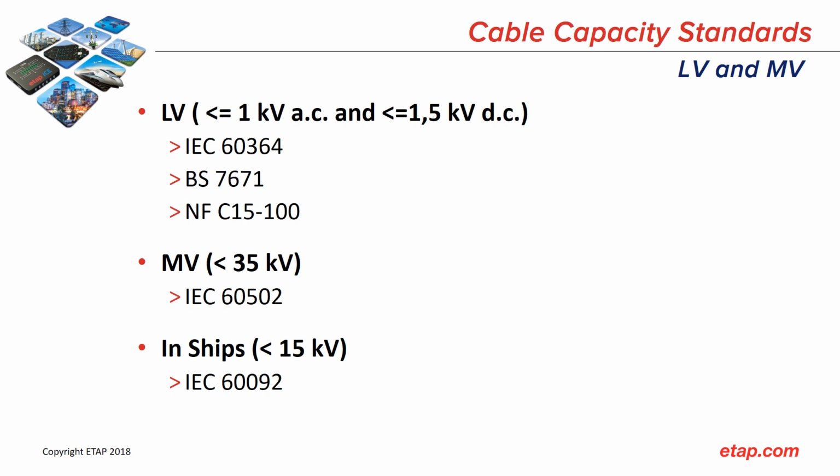IEC 60502 is a medium voltage standard, and it's applicable to installations with voltages less than 35 kV. Lastly, IEC 60092 standard pertains to electrical installations in ships with voltage levels less than 15 kV.